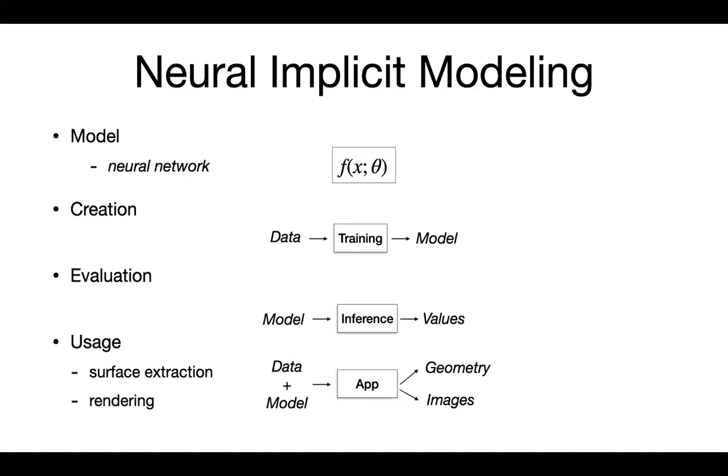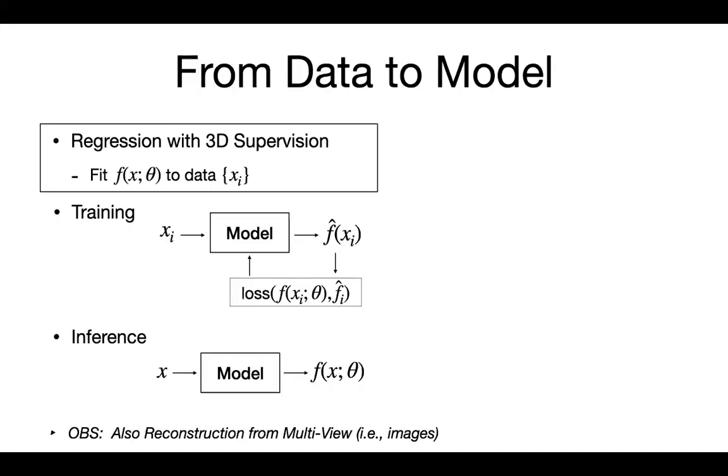There are many uses for that, because we can use it for surface extraction, for rendering, for different types of analysis. For applications, we basically combine data with the model into some application, and we get as a result geometry, images, and other properties. Okay, so this is the scenario of neural network modeling.